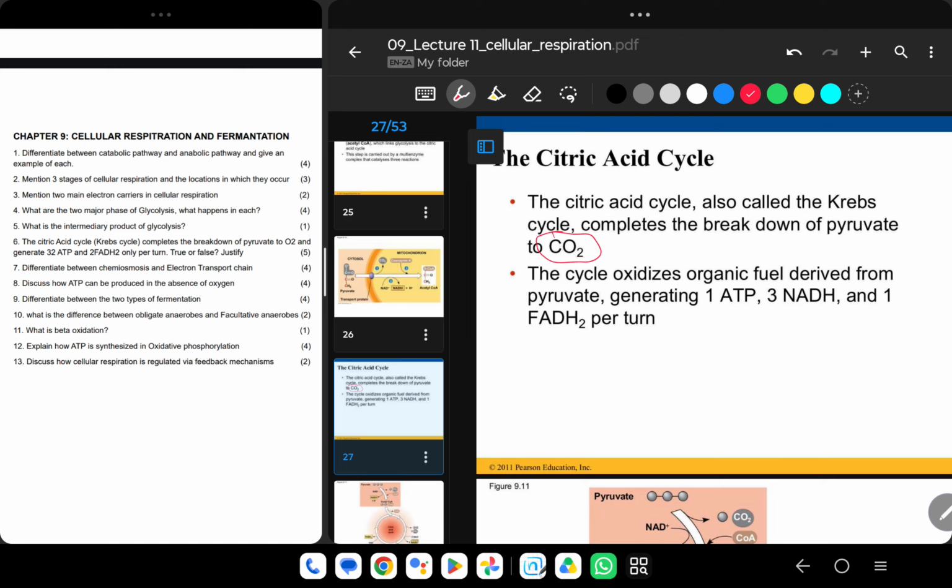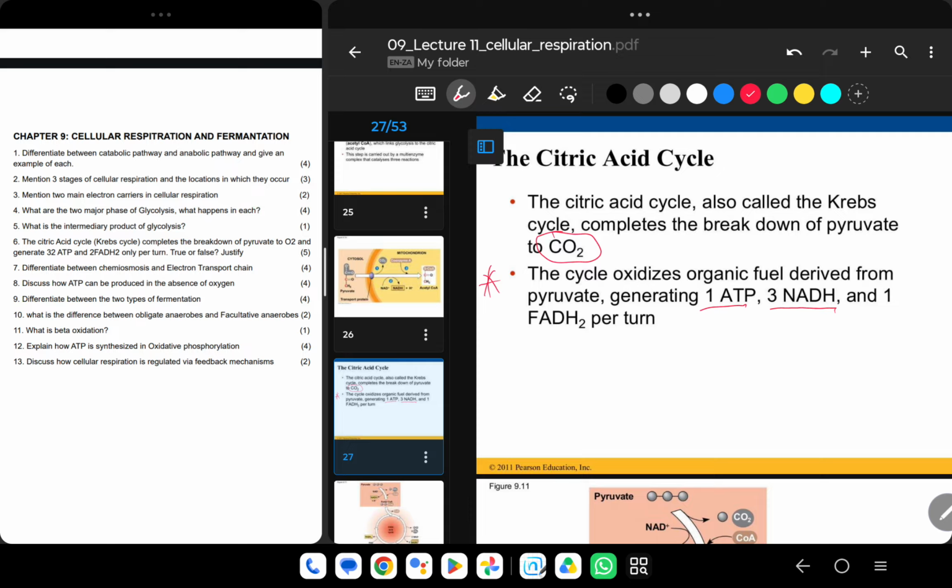It also generates 1 ATP, not 32, and 3 NADH and 1 FADH2, not 2 FADH2, only per turn. So this is the correct answer for the citric acid cycle. It generates carbon dioxide and generates 1 ATP, 3 NADH, and 1 FADH2 per turn. Keep note of that.